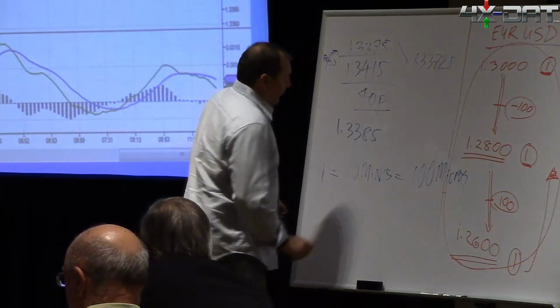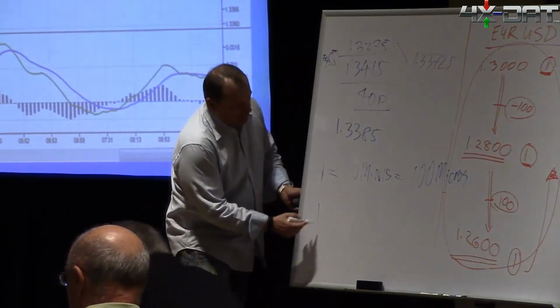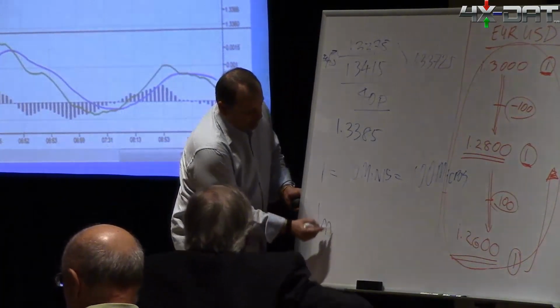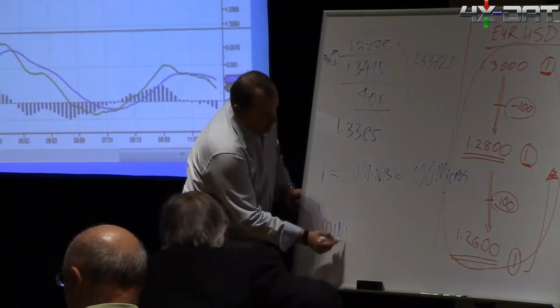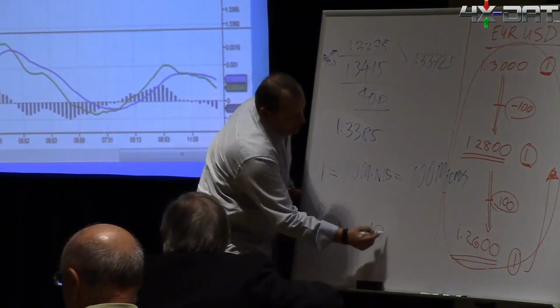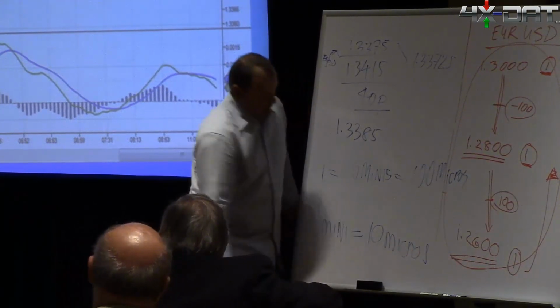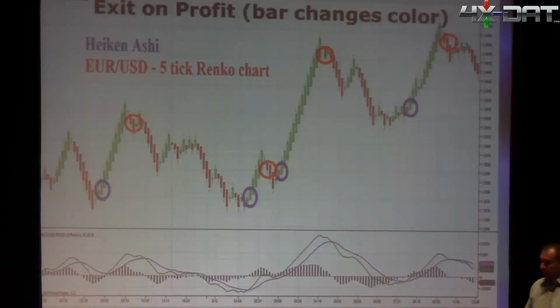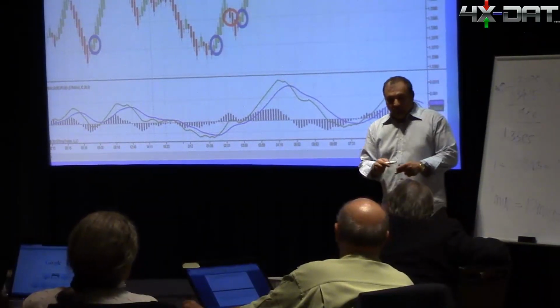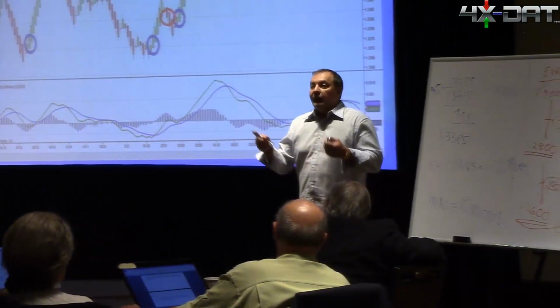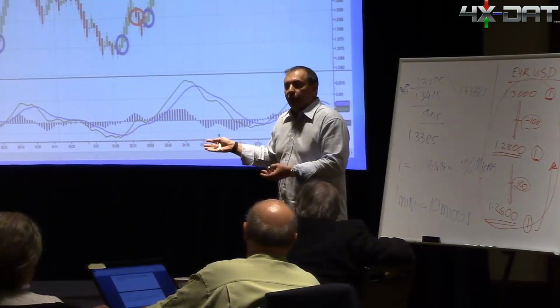So in other words, when you're trading one mini lot, that equals 10 micros. So if this is one mini lot, you want to take some profit off, take the profit on 5 micros, and you still have 5 micros working for you.